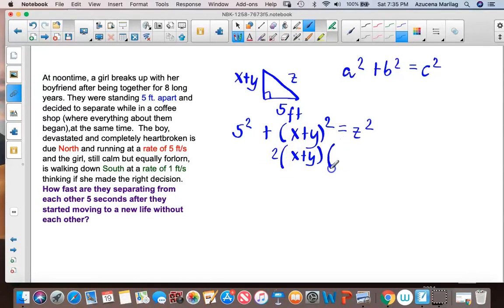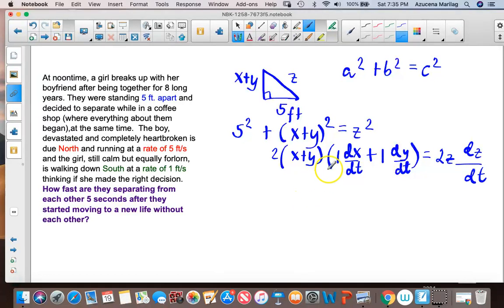And then we're going to get the derivative of the terms inside. So the derivative of X is 1, and that's going to be dx over dt, the derivative of X with respect to time. And for Y, it's going to be 1 times dy dt equals, implicit differentiation also on the right side is going to result in 2z dz over dt.